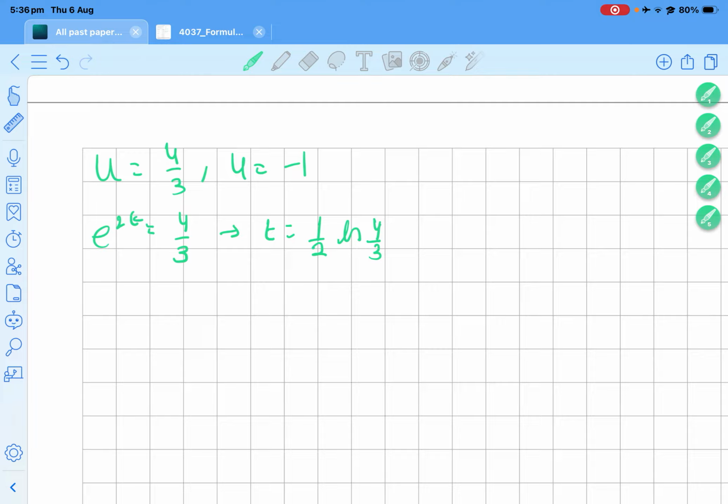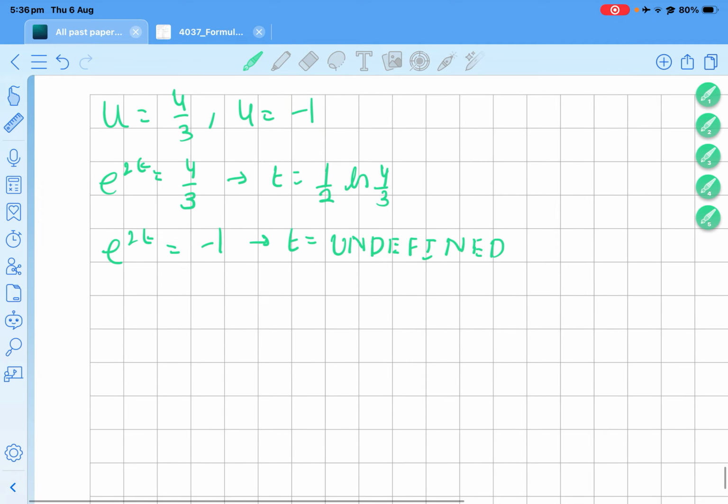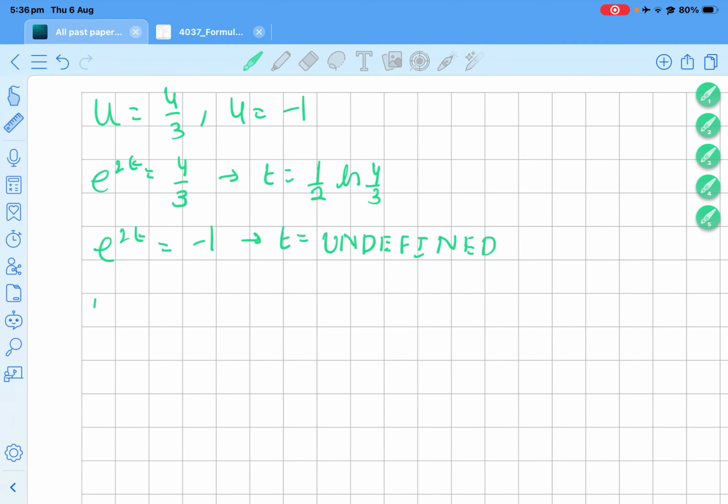Whereas for the other value, e to the 2t equals minus 1, so t is undefined. So t must equal half ln 4 over 3.